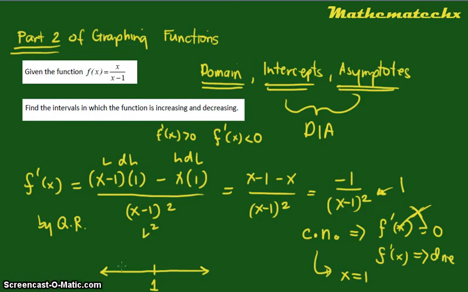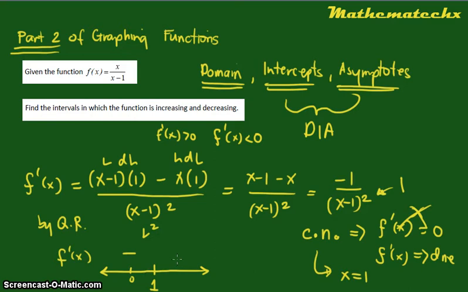A quick way to do that, although there are many ways to identify the behavior of the derivative, is to pick a good number before 1 and a number after 1. Say x equals 0; I place it in the derivative. This is negative 1 over 0 minus 1, squared. That is a negative number over a positive number, so this will be negative.